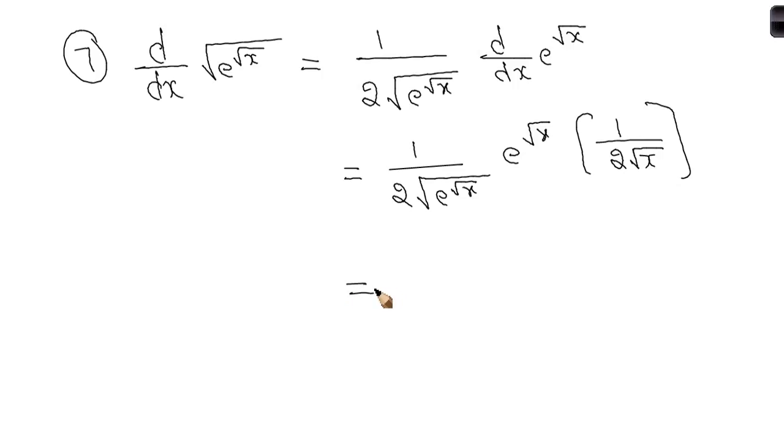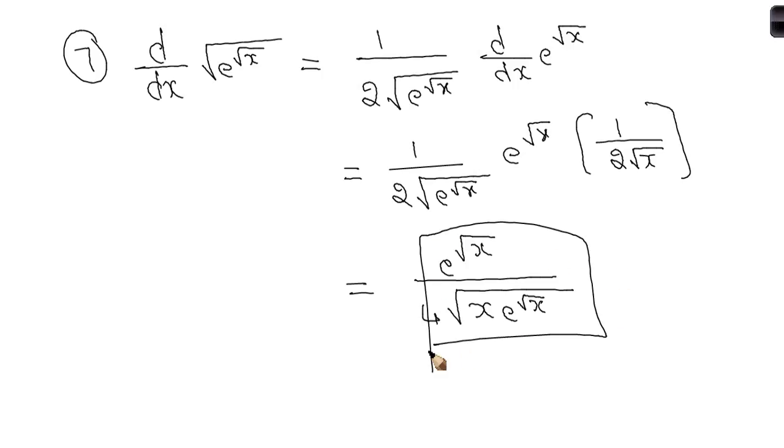So we can simplify this further. It becomes e^(root x) upon 2 into 2 is 4, root x into root of e^(root x), which is x times root of e^(root x). Or if you think you can cancel root x, this is also correct. If you want to simplify it further, you can.